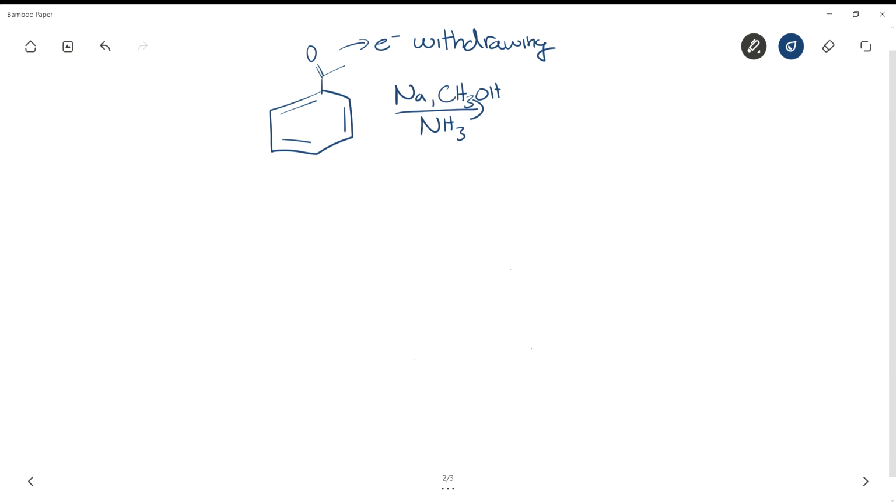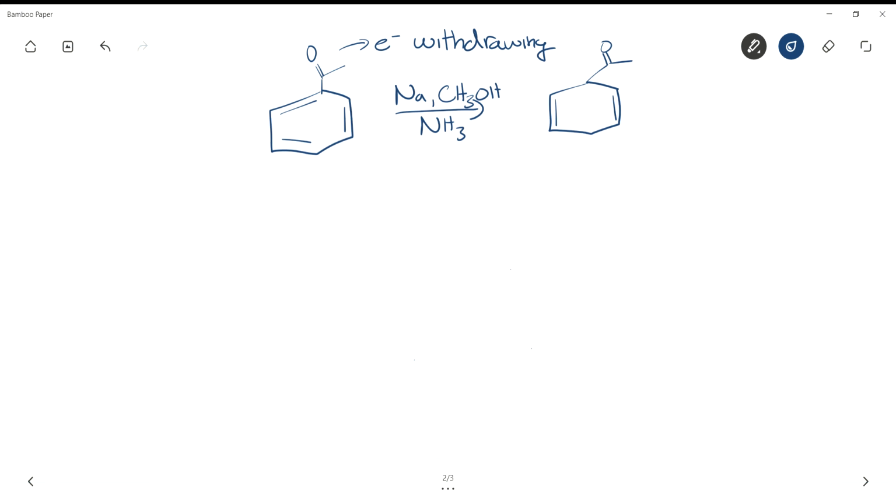And we're still doing the Birch reduction, and so you're still going to end up with that diene in the ring, but now it's not going to have the double bond attached to the carbon that has the substituent on it.